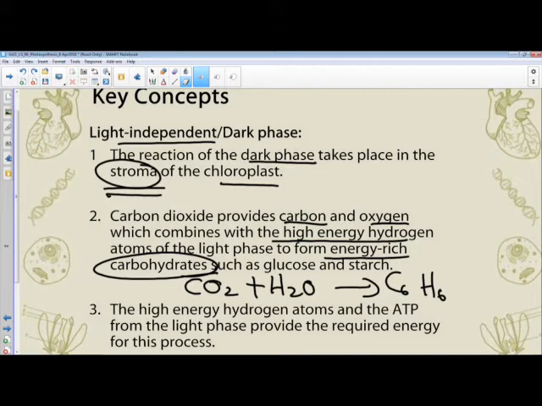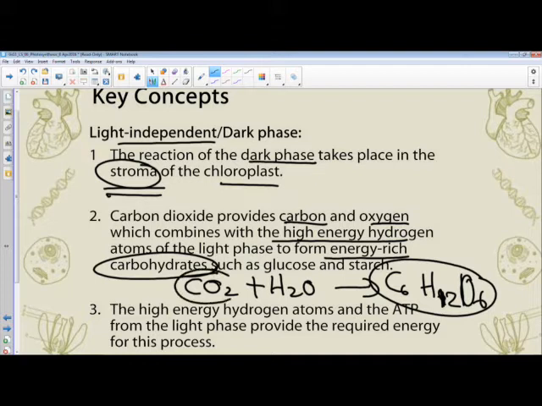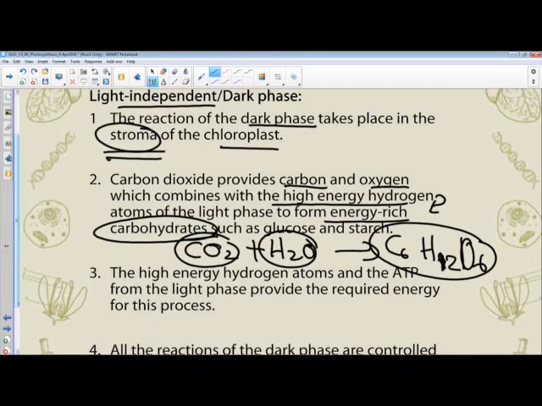So here we're seeing the glucose molecule being produced from carbon dioxide, water, and the energy from the hydrogen atoms coming from the light dependent phase. The high energy hydrogen atoms and the ATP from the light phase provide the required energy for this process.